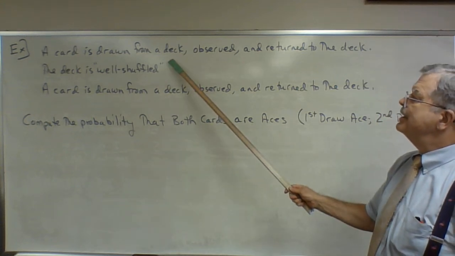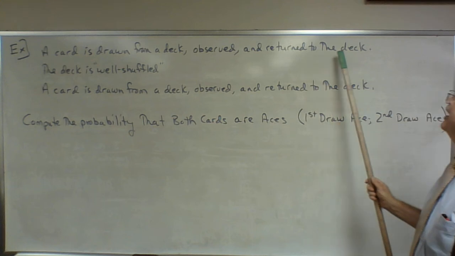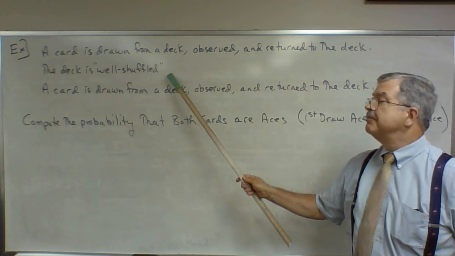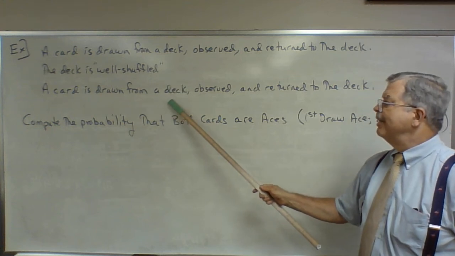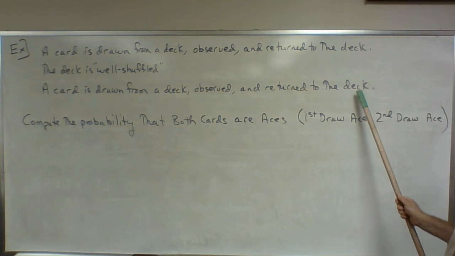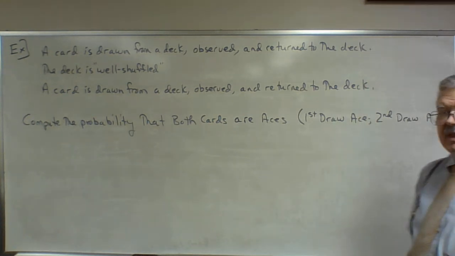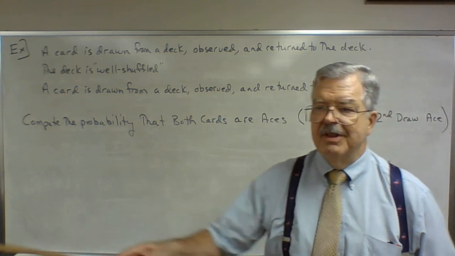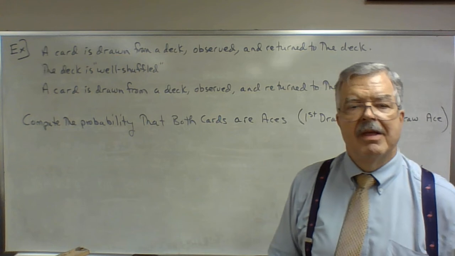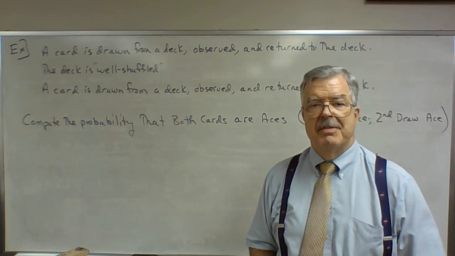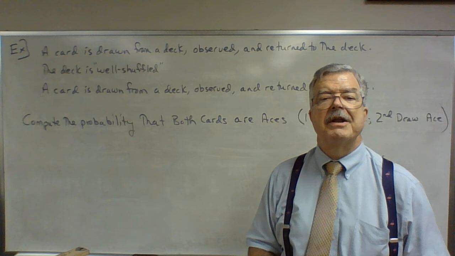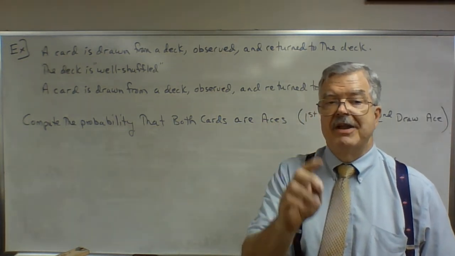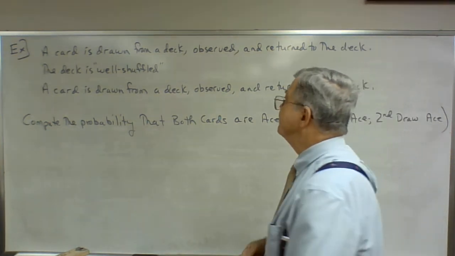A card is drawn from a deck, observed, and returned to the deck. The deck is well shuffled. So 2 cards are drawn here. And from the last video, we might remember the terminology here. The cards are drawn with replacement. We put the first card back in the deck so that it might be drawn again.